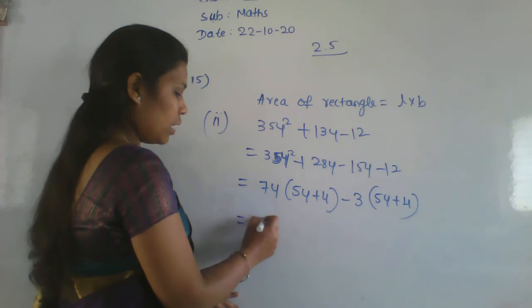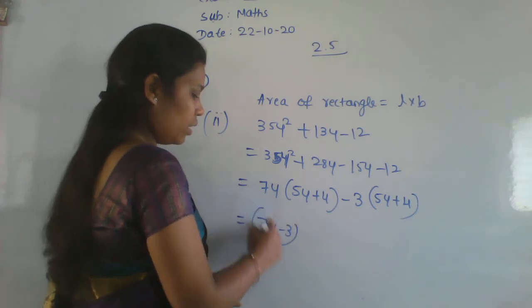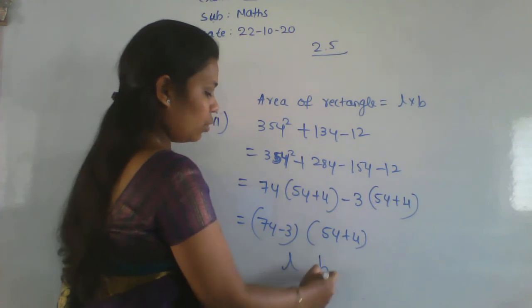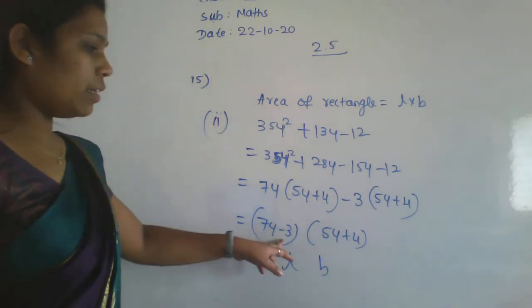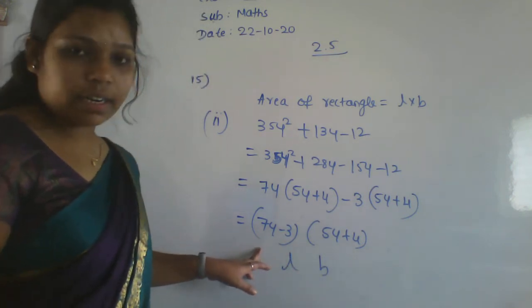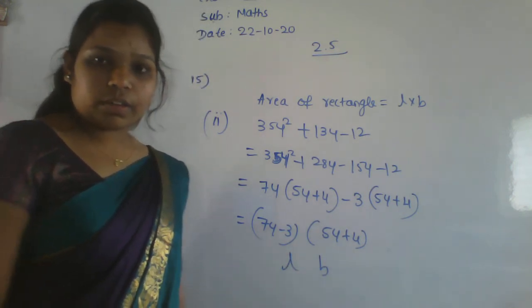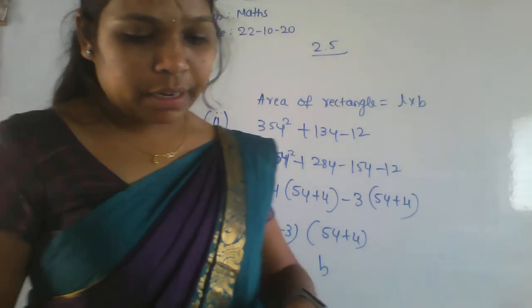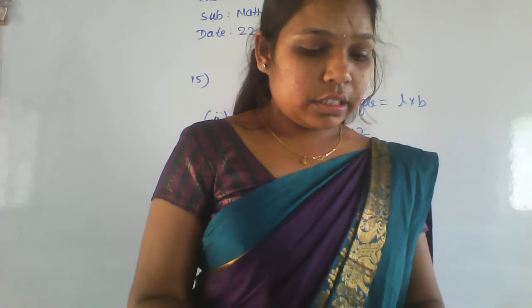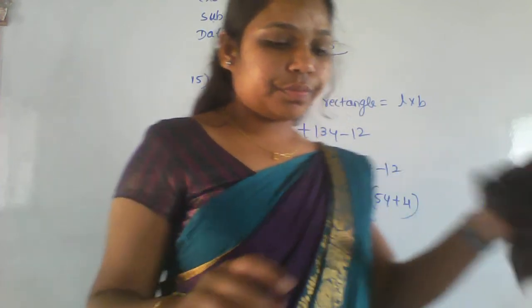So what is left here? 7y minus 3 and 5y plus 4. This is length into breadth. Length is 7y minus 3, breadth is 5y plus 4. This is the breadth and this is the length. This is the answer. Got it? So we completed the 15th also. Next go for the 16th one.